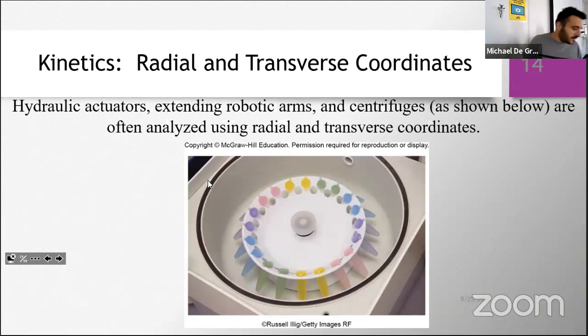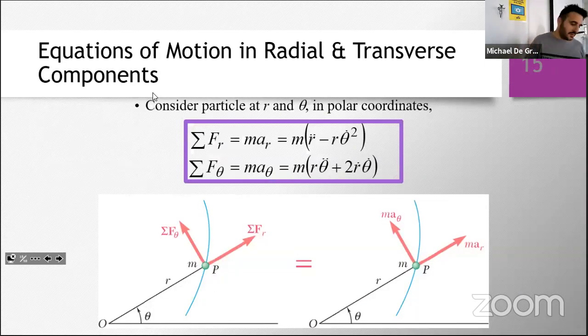All right, so remember, when we're talking about radial and transverse, we're talking about things like hydraulic actuators, extending robotic arms, and centrifuges, right, that we can analyze. And what makes something a better candidate for radial and transverse as opposed to normal and tangential, right? Well, the difference is this, that the radius here is not fixed.